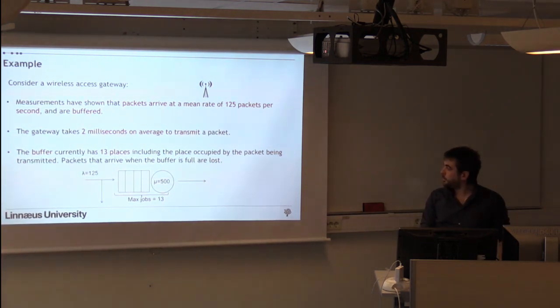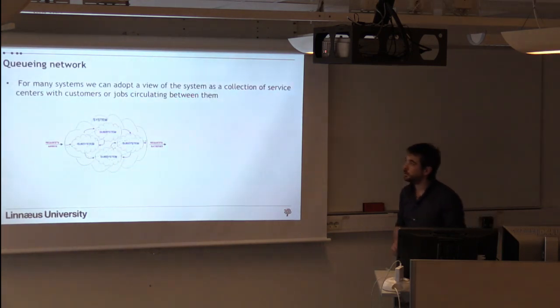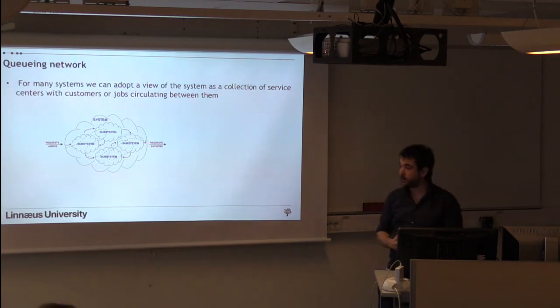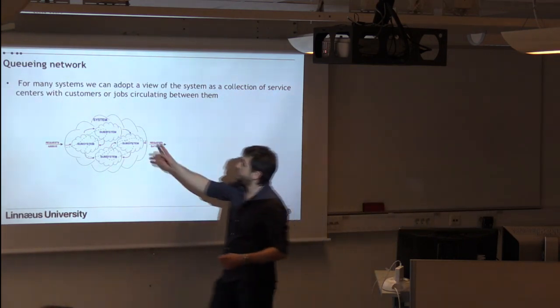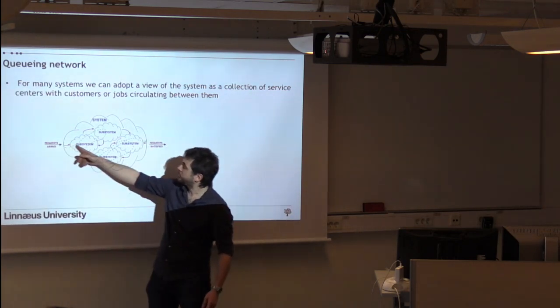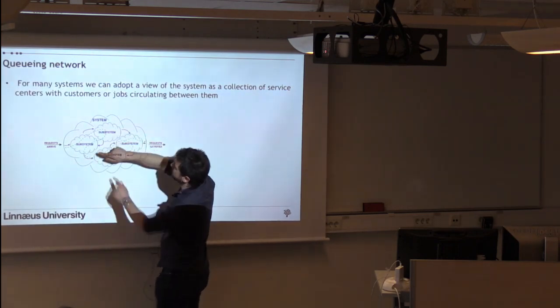Now let's combine several of these to create the behavior of the system, which is a queuing network. For many systems, we can adopt a view of the system as a collection of service centers with customers circulating. If this represents the system, the users arrive at this subsystem and can go here or here.